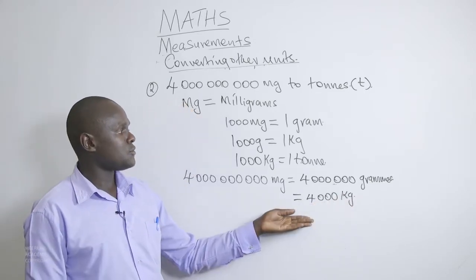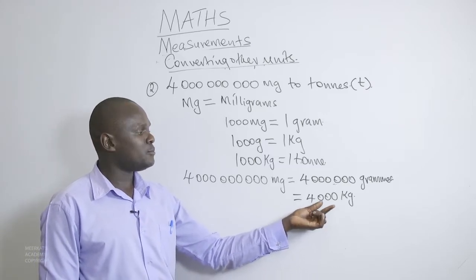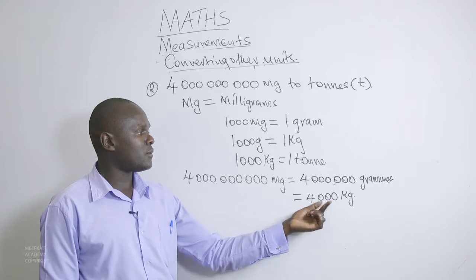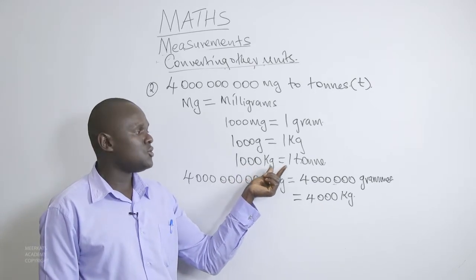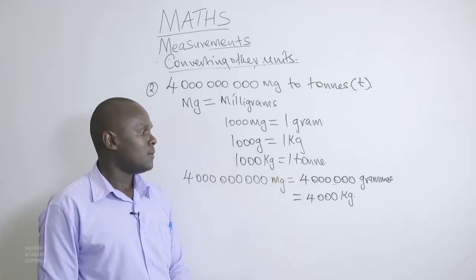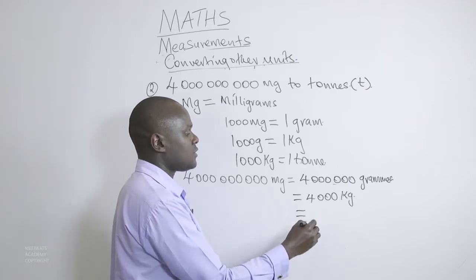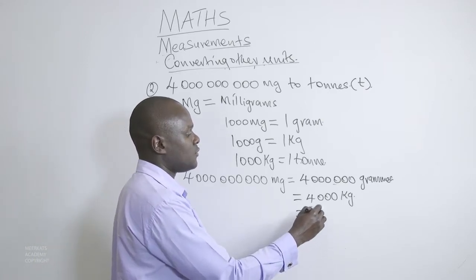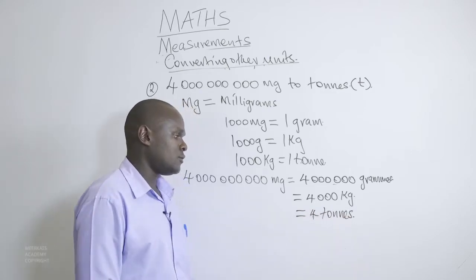And from this, we can convert it to a ton, whereby we know that 1000 kg is equal to 1 ton. What about 4000 kgs? We divide it by 1000, and this will be equal to 4 tons.